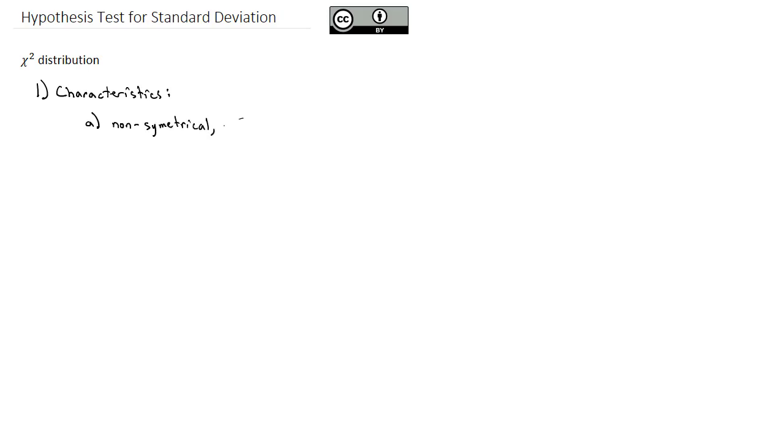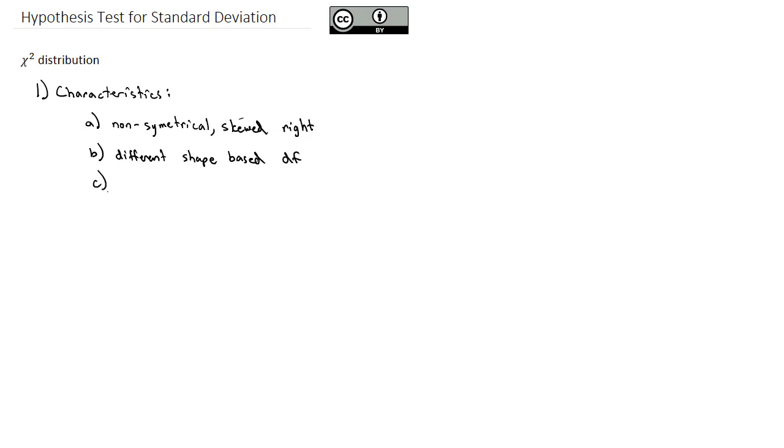In fact, more specifically, it is skewed right. Also, similar to the t-distribution, it has a certain number of degrees of freedom, but the degrees of freedom will significantly give a different shape based on the degrees of freedom.